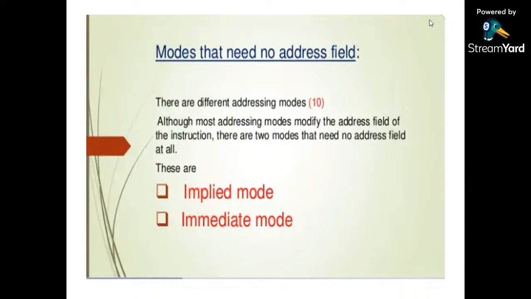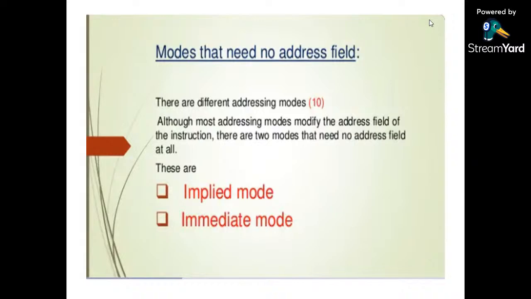Most of the addressing modes modify the values which are specified in the instruction. How they modify the values will be clear when we see the example. But these two addressing modes are such that no values are modified at any location, either at the memory location or at the register.